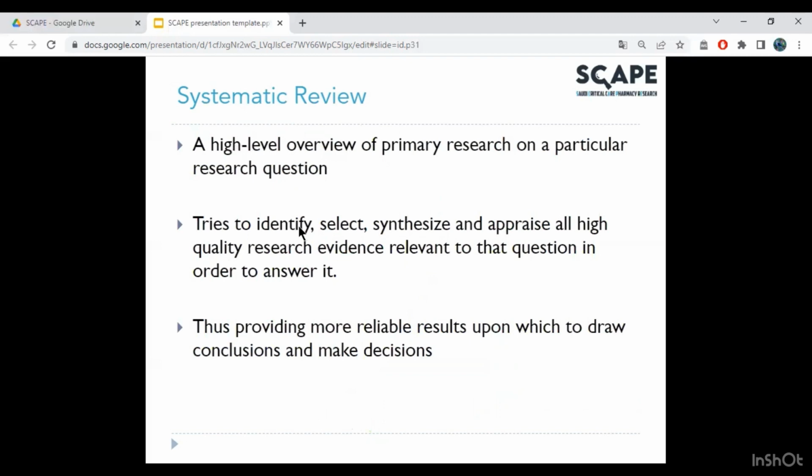It tries to identify, select, synthesize, and appraise all high-quality research evidence, critically appraising each one, that is relevant to the question in order to answer it. And this provides more reliable results upon which to draw conclusions and make decisions.